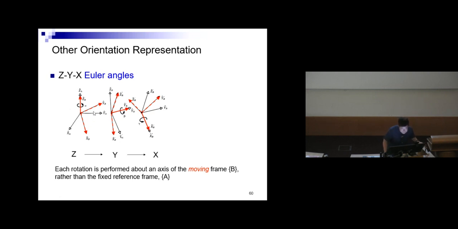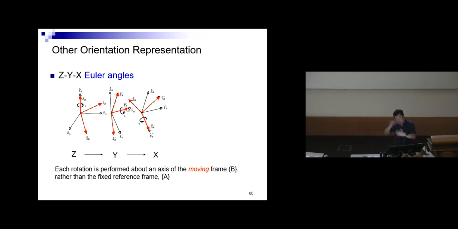And then after you have this rotation, you have your new ZB, XB, and YB. So this is your new one. Then after that, you rotate along the beta of the B frame.